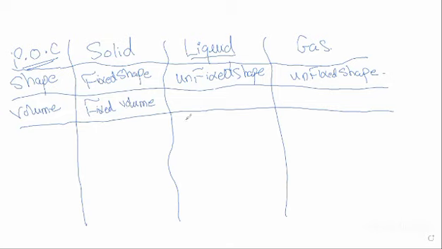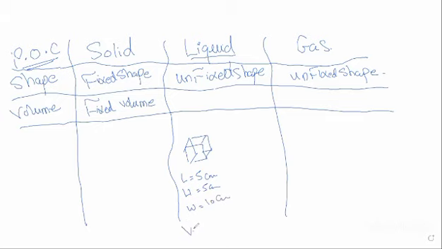But let's go for the liquid. Can I have different shapes with the same volume? Is that possible? Yes, that is possible in some cases. Like if I have a cube like this, with a length of 5 centimeters, a height of 5 centimeters, and a width of 10 centimeters.